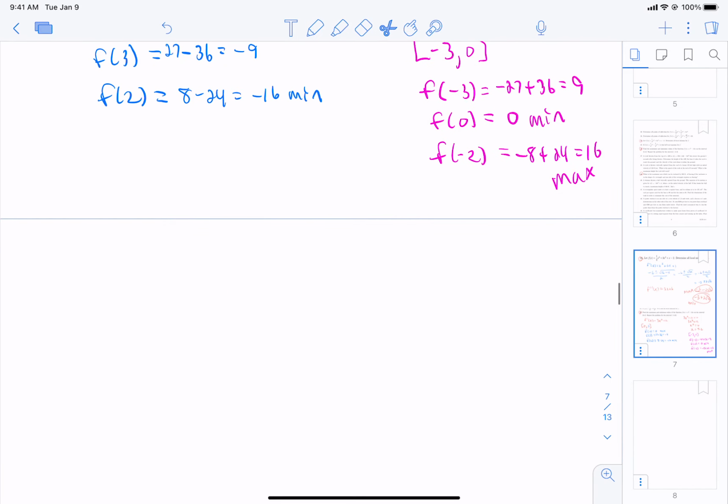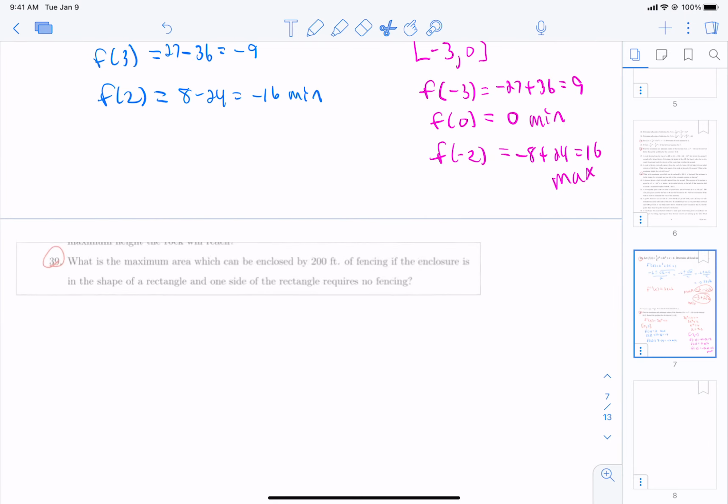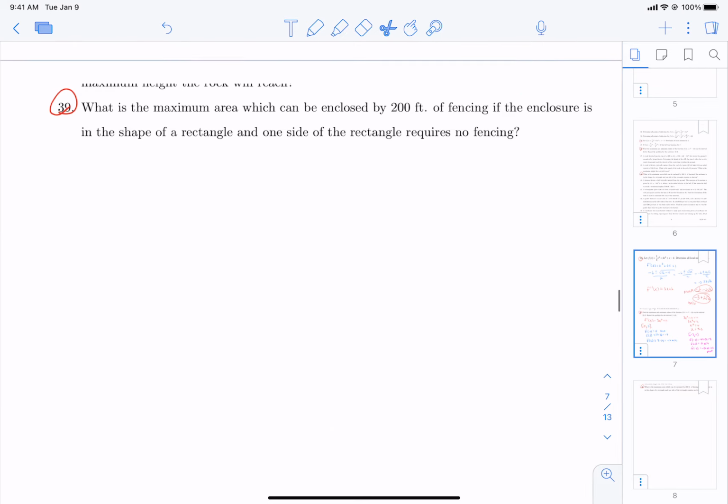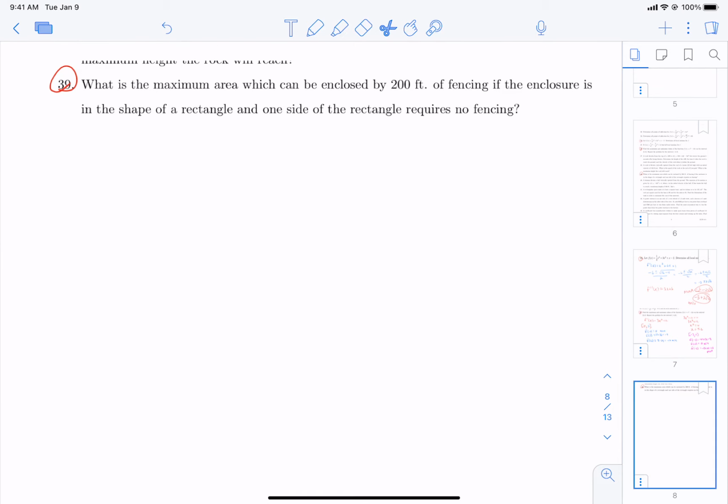So when you read a problem like this and it mentions the word largest or maximum, you got to think, I have to find an equation and take the first derivative. Do a plus or minus chart or something like that. Okay. So let's set up 39.